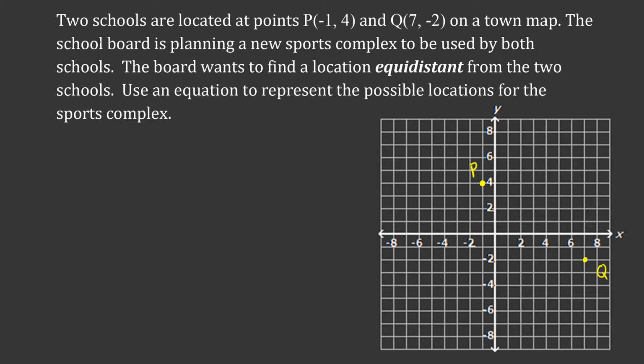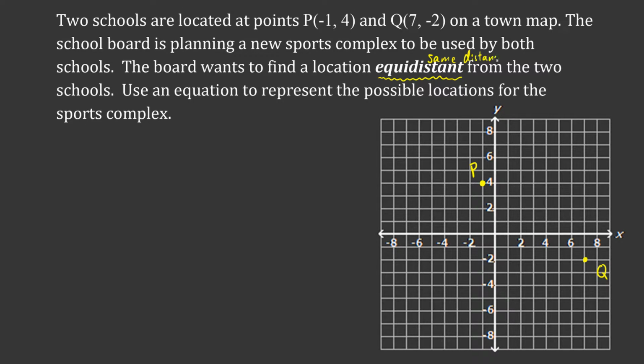Let's keep reading. The school board is planning a new sports complex to be used by both schools. That's wonderful information, but doesn't give me anything for this question. Not necessarily, not yet. The board wants to find a location equidistant. Equidistant. It's bolded, it's italicized, it's an important word. Equidistant means same distance.